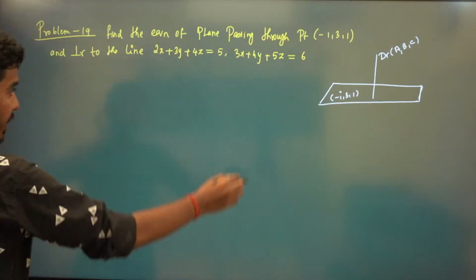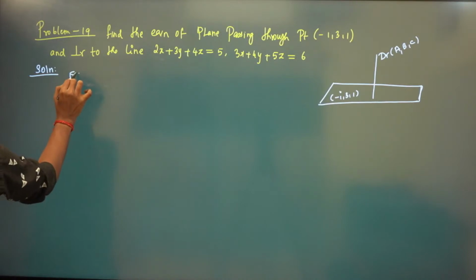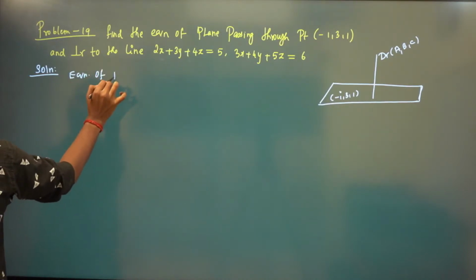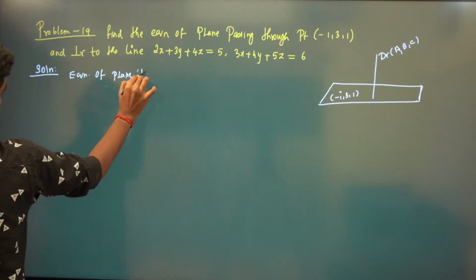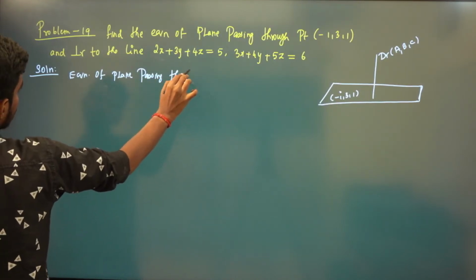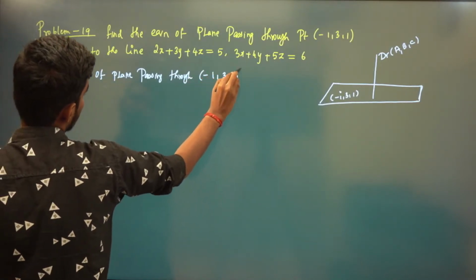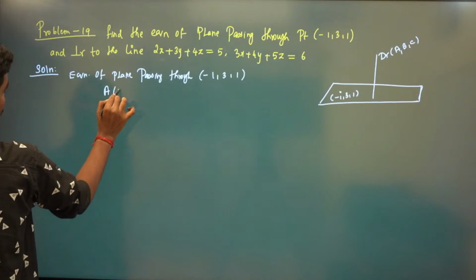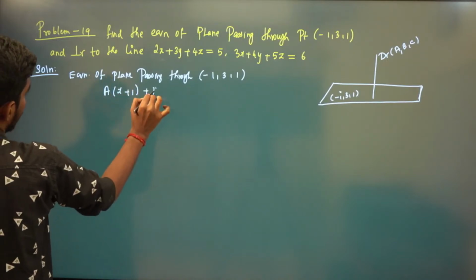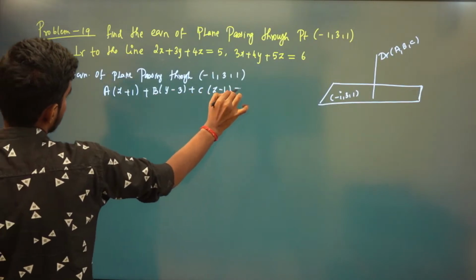So equation of plane passing through minus 1 comma 3 comma 1 is given by A into x minus x1, B into y minus y1, C into z minus z1 is equal to 0.